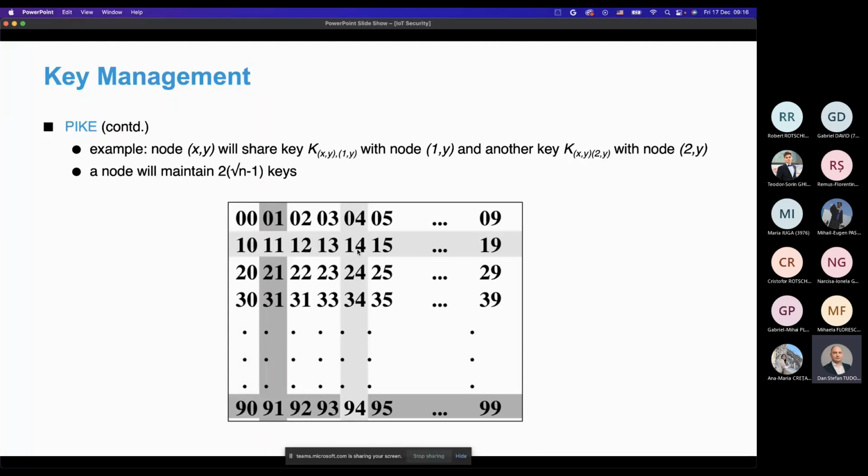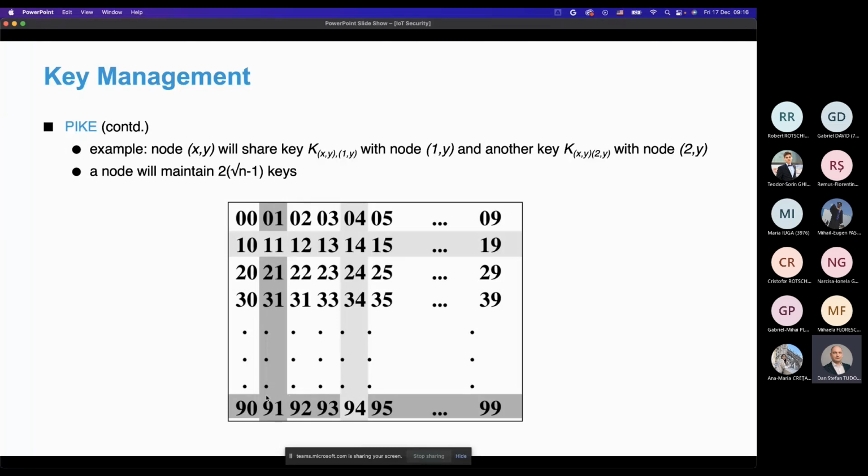In this scheme, node 14 encrypts the new key to be shared with node 91 using the existing key shared with node 94, and sends the encrypted key to node 94. Node 94 decrypts the message, encrypts it again with the key shared with node 91, and sends the new message to node 91.